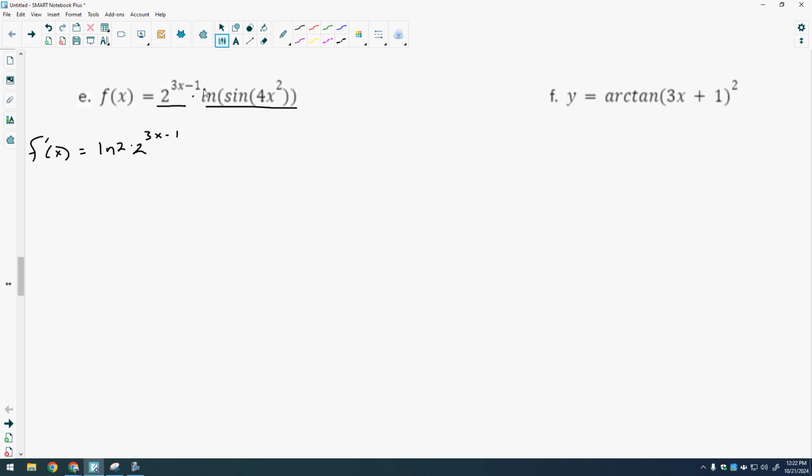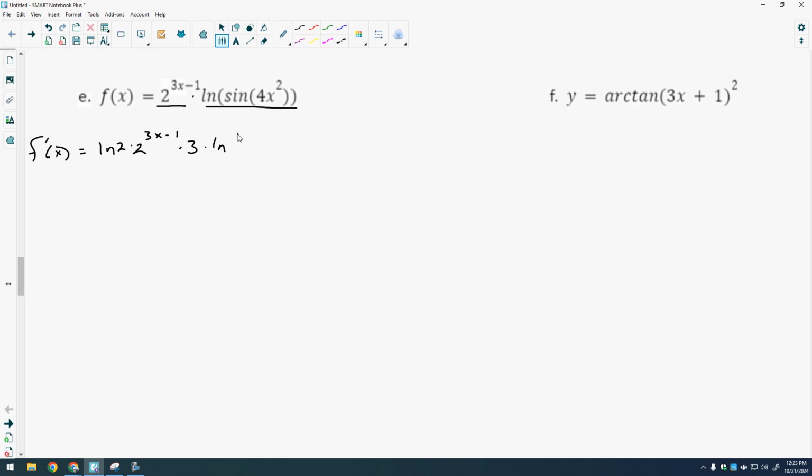Okay, my exponent is not just x, so now I have to multiply that by the derivative of the exponent. So the derivative of 2 raised to a power is 2 raised to the power times the natural log of 2 times the derivative of the exponent, which is a 3, because my exponent is something other than just plain x. Okay, derivative of the first, done, times the second.